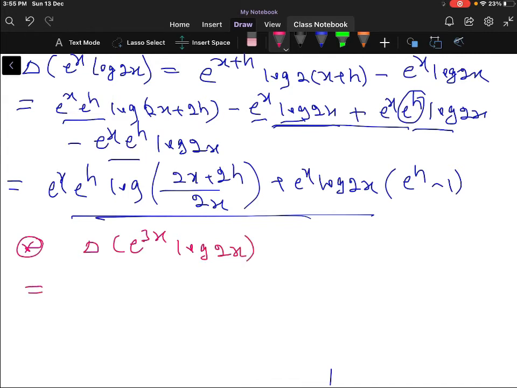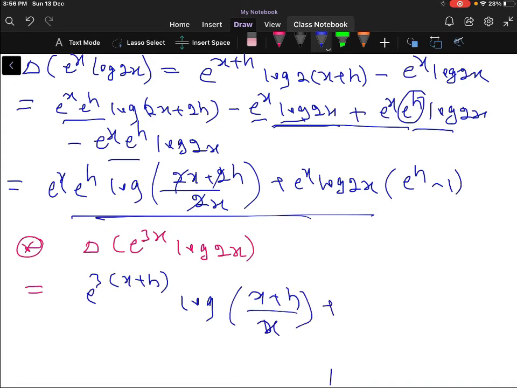So that can be written, with the help of the previous result, as e power 3 times of x plus h, or e power 3x into e power 3h, log of, here you should take 2 to cancel here, x plus h by x, plus e power 3x.